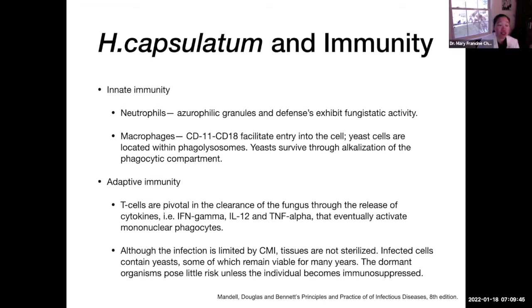And so infected cells that contain yeast, some of which can remain viable for many years, and then the dormant organisms really are just bystanders and they pose little risk unless in the future the individual becomes immunosuppressed, in which case that can become a problem.